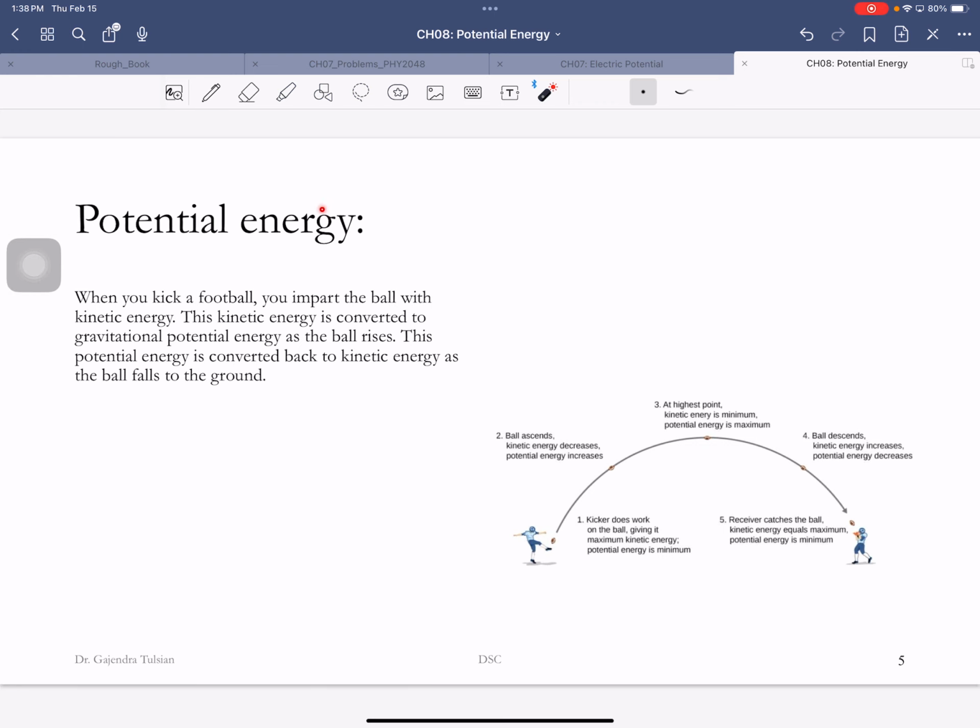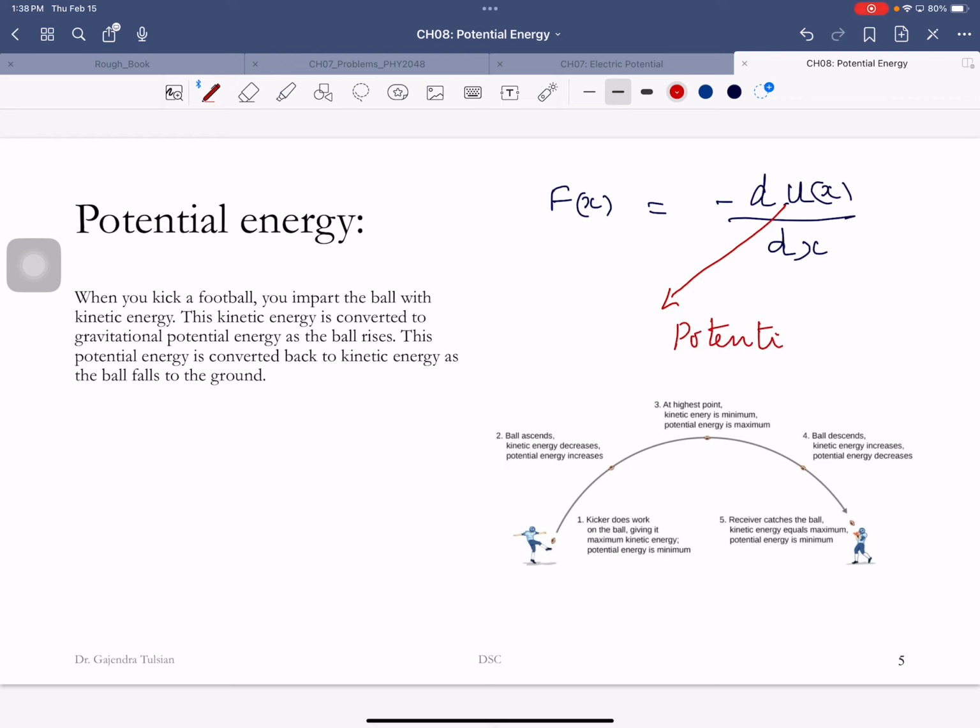Potential energy function. So if you have a conservative force, this guy is called the potential energy function. Okay? And there are only two potential energy functions you'll deal with.